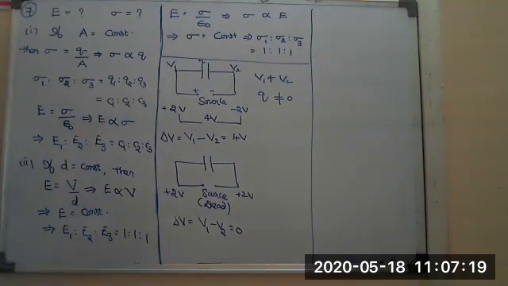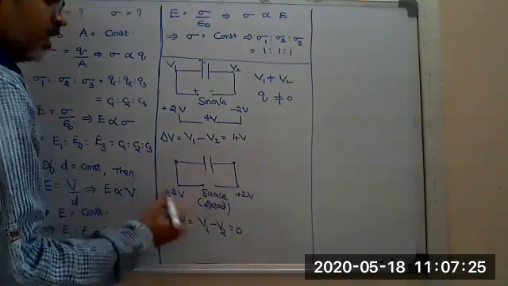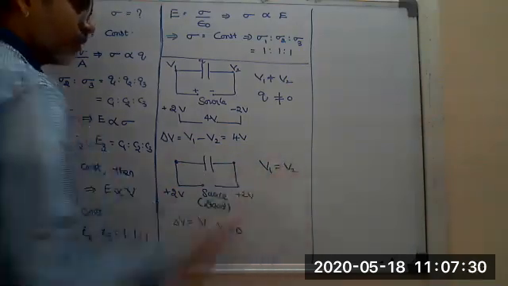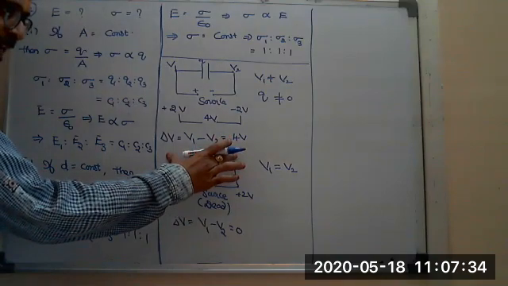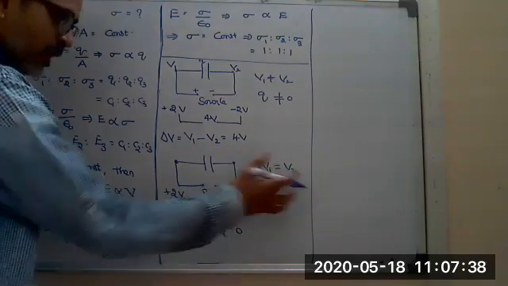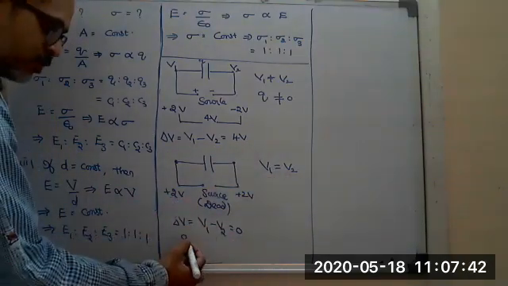It is called a dead source. If you check, V1 is equal to V2. If the potentials across the two ends of the capacitor are equal, there is no potential difference, hence there is no charge.